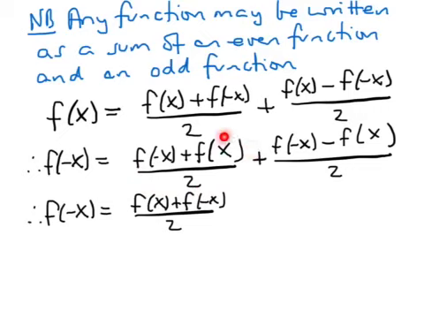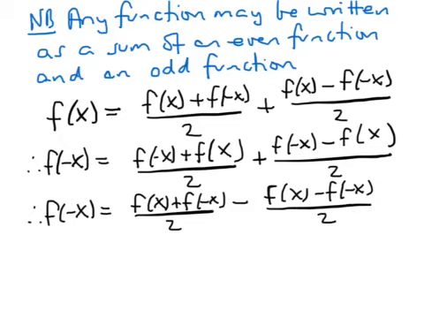So that's just this first part. And then for the second term, we have minus f of x minus f of minus x all over 2. So all I've done here is I've taken the terms above, I've swapped the order, and I've brought out an overall minus sign. And again, this term here is exactly the same as this term here with a minus sign in front of it.